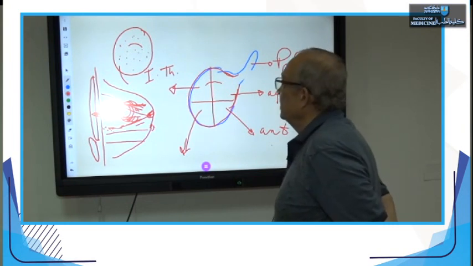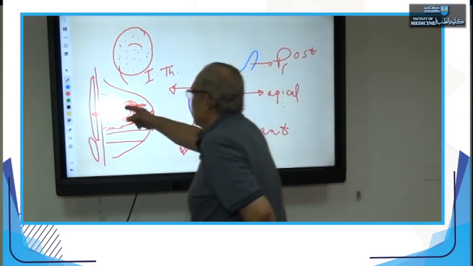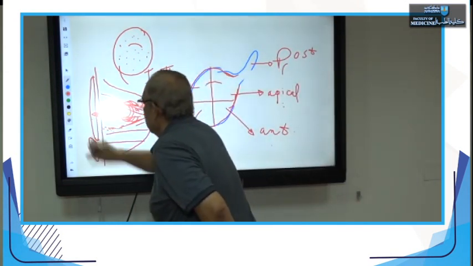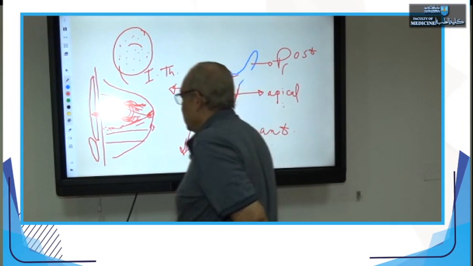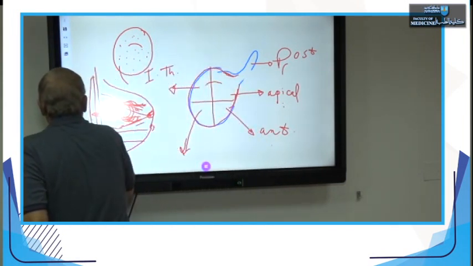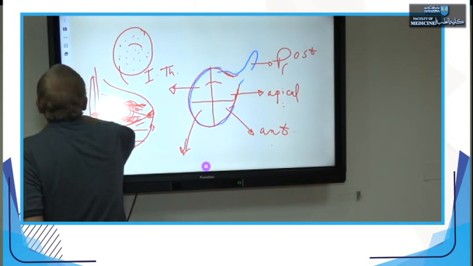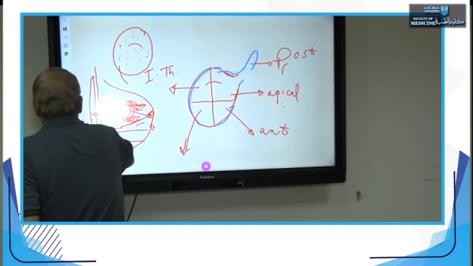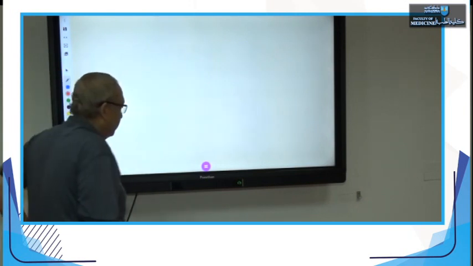If it is not movable, it means that the malignancy has spread to the inside of the breast. This finishes the structure, the anatomy of the breast and its applied anatomy. Now we'll go to the development of the breast.